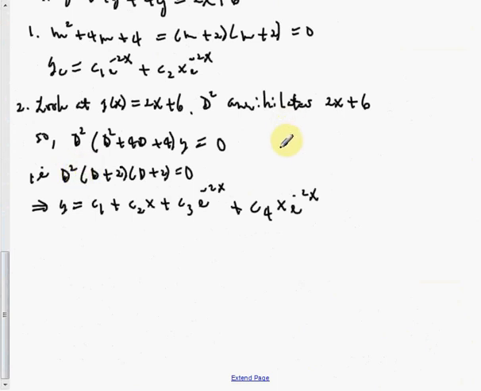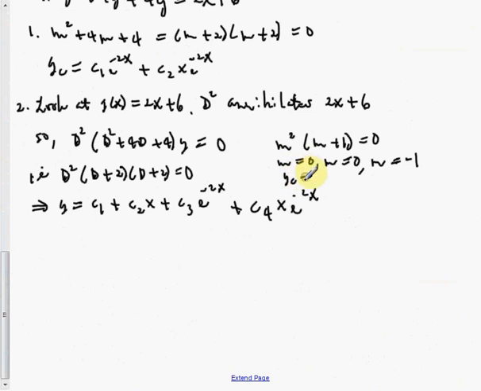How do you represent the solution if you have m squared times m plus 1 equal to 0? You get m equal to 0, m equal to 0, m equals negative 1. How would you write the solution for this one?